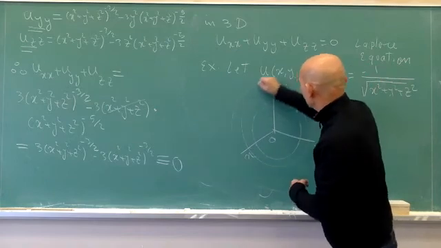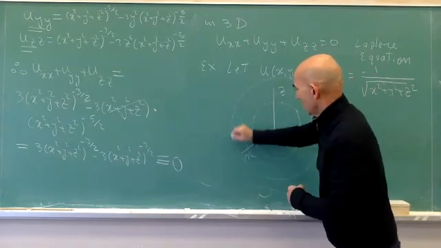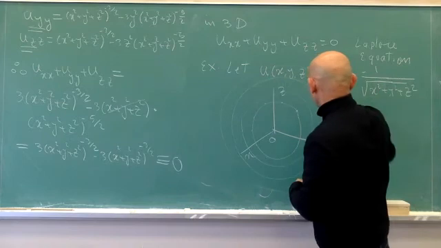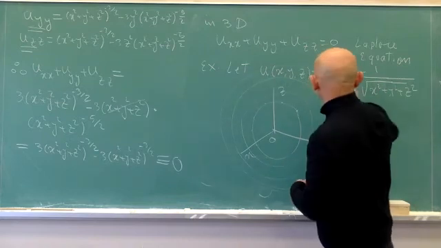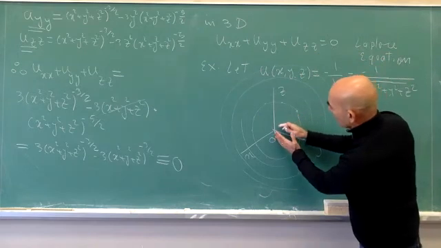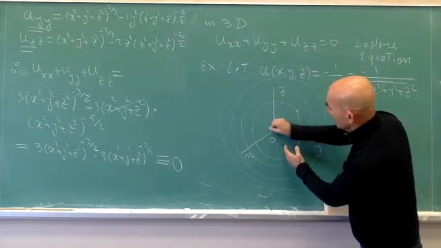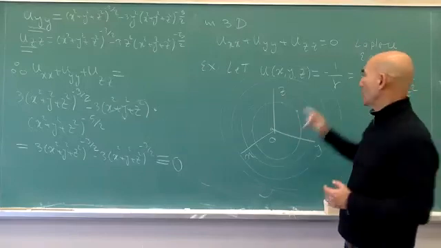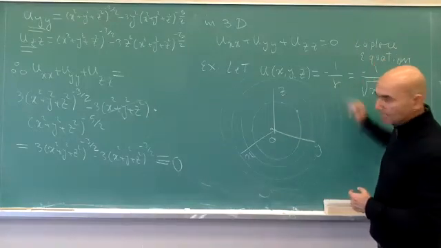It gradually approaches 0 at infinity with this speed. And then as you get closer and closer to the singularity, to 0, it gets bigger and bigger, but with this rate, 1 over r.